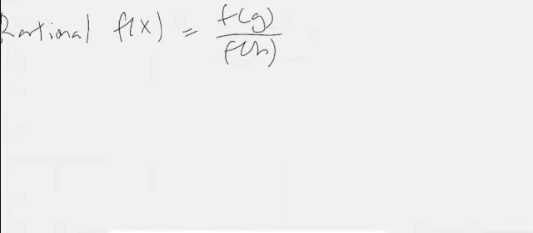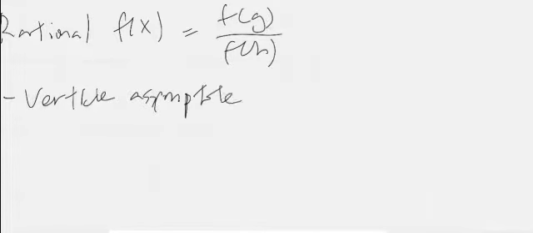And there are several important components in a rational function. The first one will be the vertical asymptote. The second one will be the horizontal asymptote.